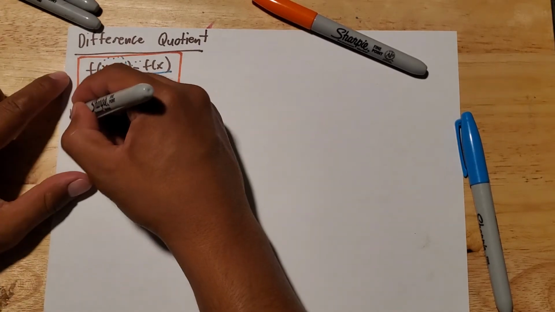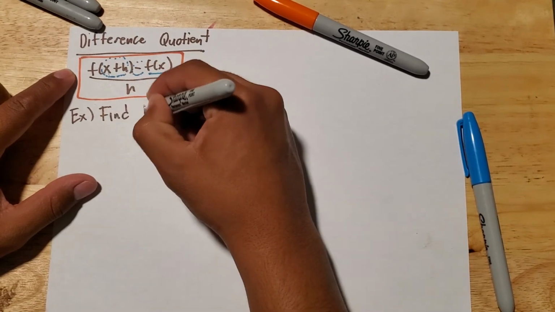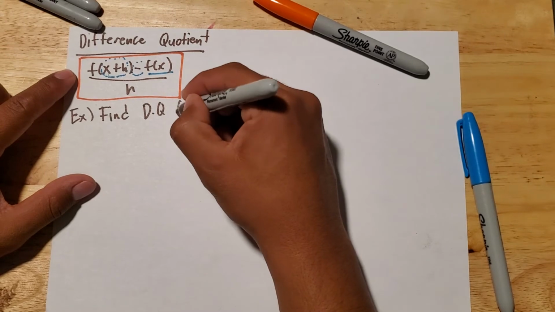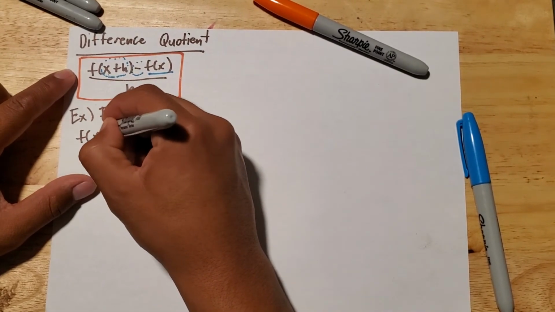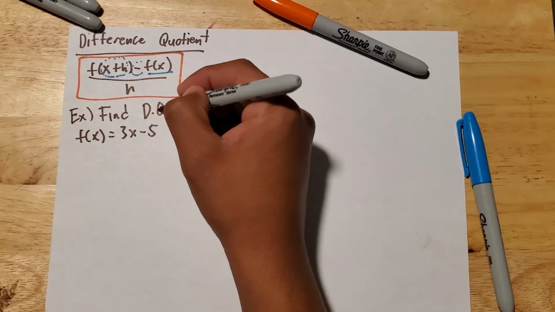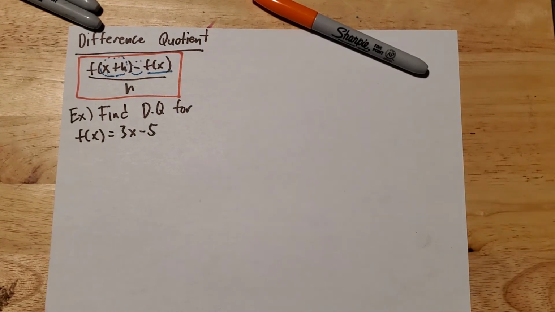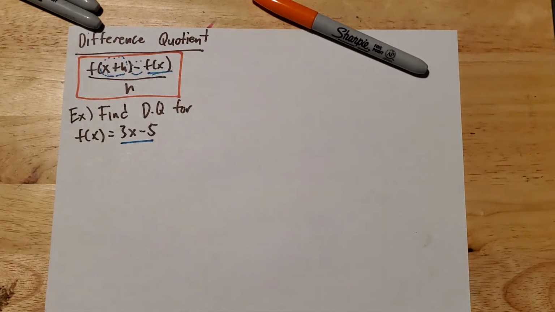So without further ado, find the difference quotient. I'm going to put dq for, I'm going to put f of x equal to 3x minus 5. So this part, I already know. I can already plug it into my f of x of the formula.